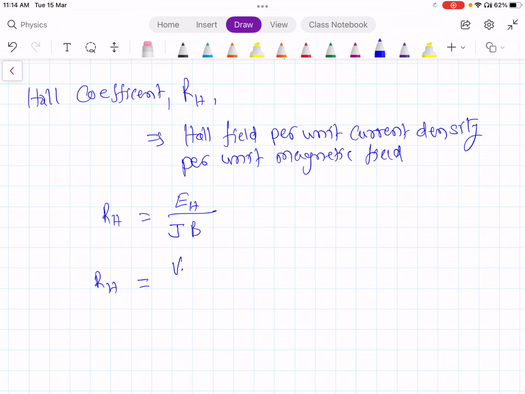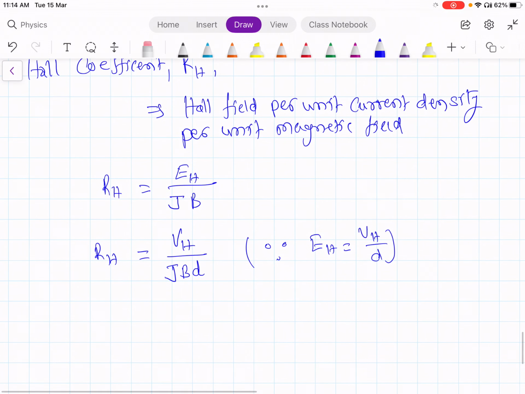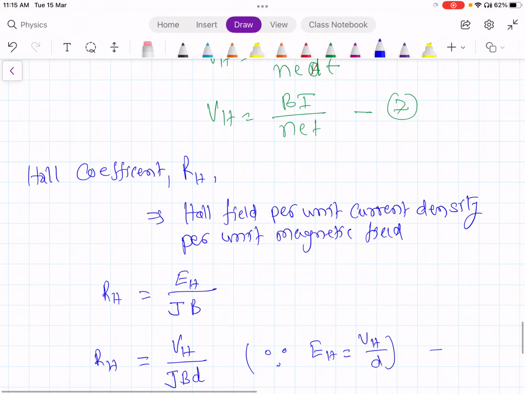So this is VH upon J B d, since EH equals VH upon d. And let's say this is equation 8.